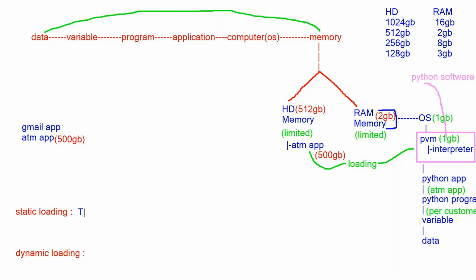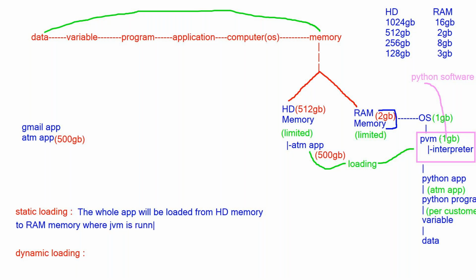As part of static loading, the whole app will be loaded from hard disk memory to RAM memory, where the virtual machine is running at runtime, or execution time. Okay, that's it.